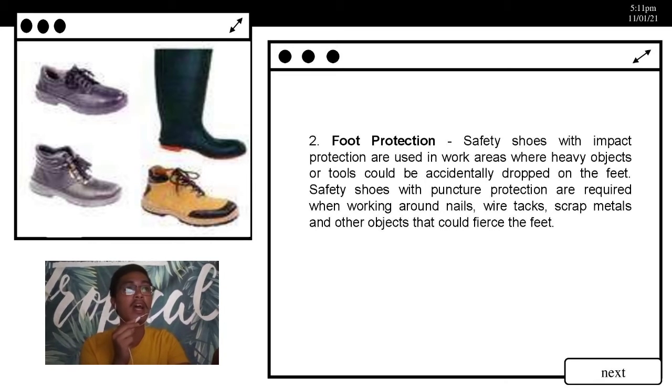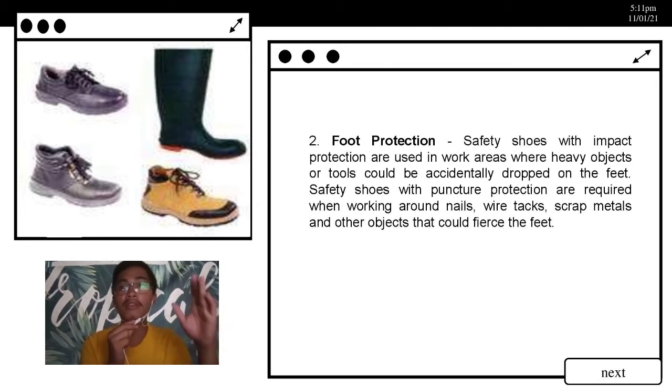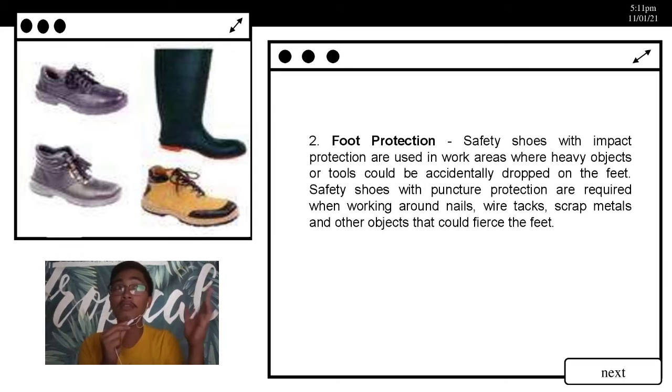So same with the other one, this yellow rectangle indicates sole puncture protection, for safety footwear intended as super static dissipative footwear.